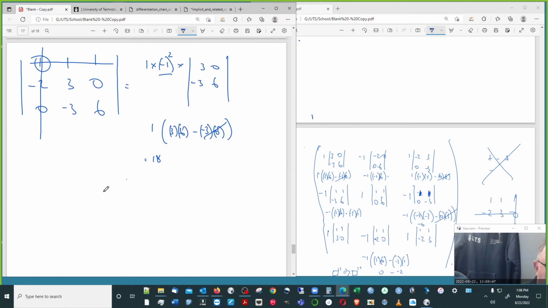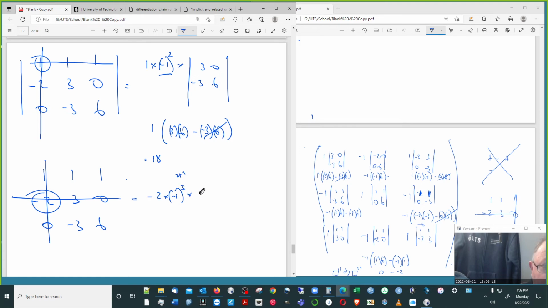Okay, the next one, of course I'm going down the column, is that one, and I have to take the placeholder, so it's -2 times -1. Now it's row 2 column 1, so it is a minus.